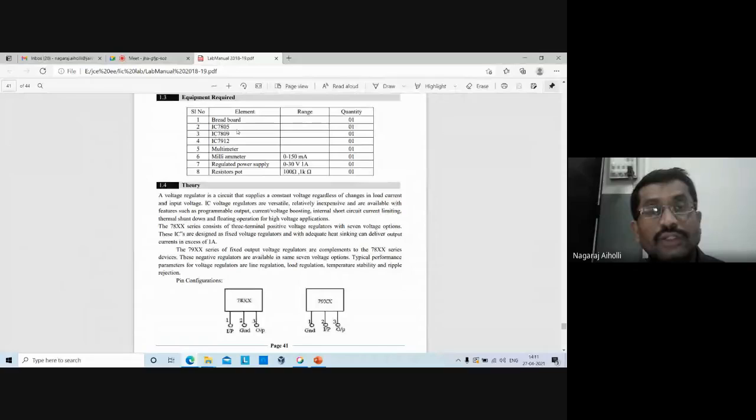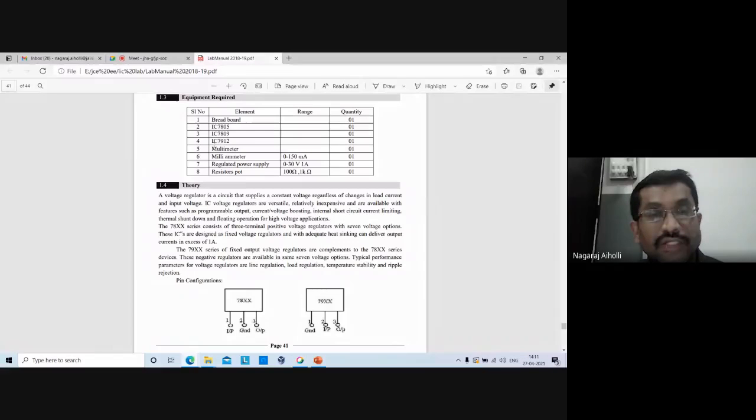But when you change the input voltage above 5 volts, the output does not change. It remains constant or fixed at 5 volts, and hence it is called a voltage regulator. The meaning of voltage regulator is that it maintains the output voltage fixed, or constant. Clear here, students?